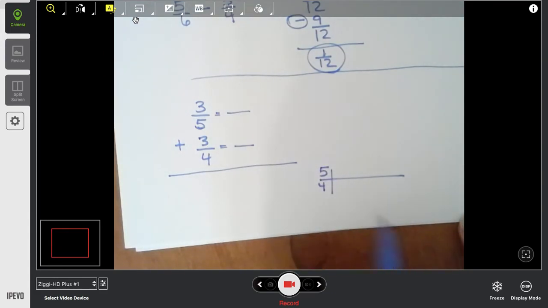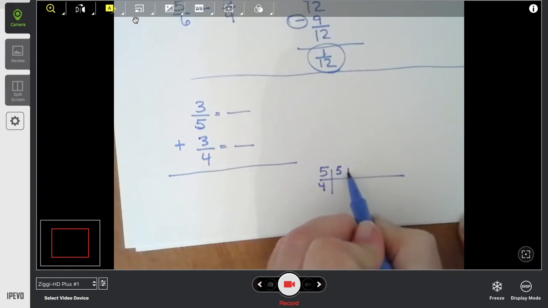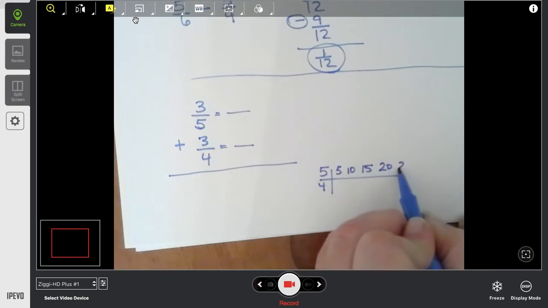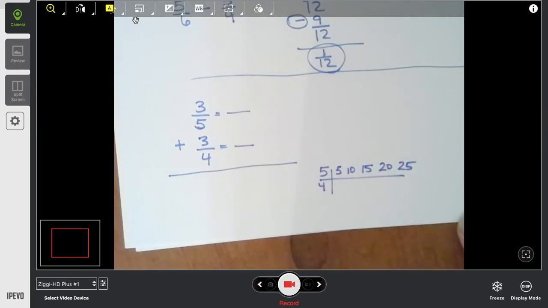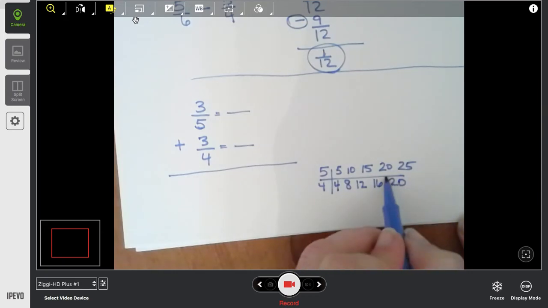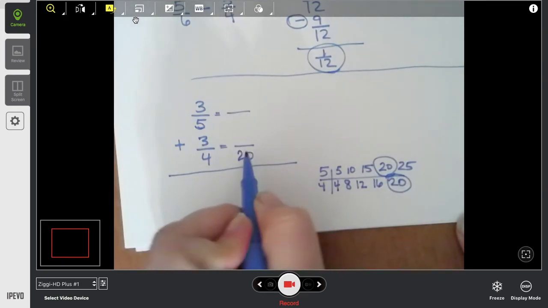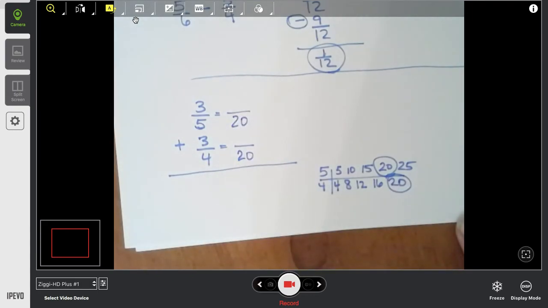So let's skip count. 5, 10, 15, 20, 25. I'm going to stop and go down to my 4s. 4, 8, 12, 16, 20. I'm going to stop. There's my least common multiple. So we're going to make our denominators 20.